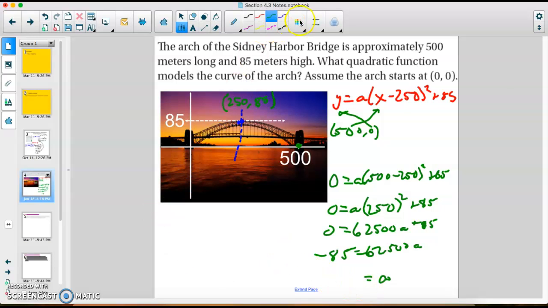Nice little decimal here. So we end up with a equals negative 0.00136. So when we plug in the final equation, y equals negative 0.00136, and then we have the rest of our formula up here, so (x minus 250) squared plus 85.